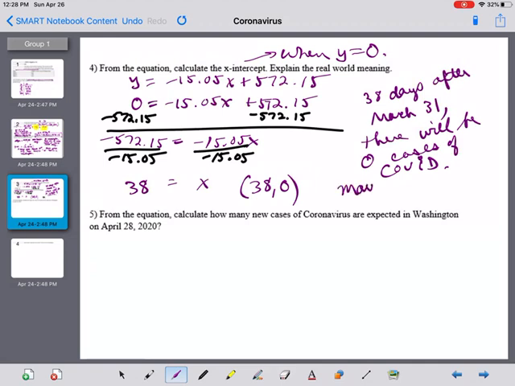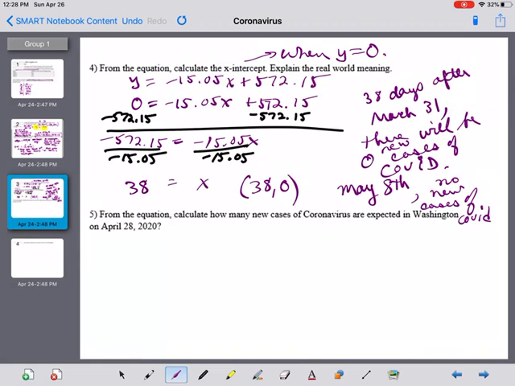There's April 30th, and then 8 days after that will be May 8th. There will be no new cases of COVID. Oh, I should have put the word new up here. So new cases of COVID.